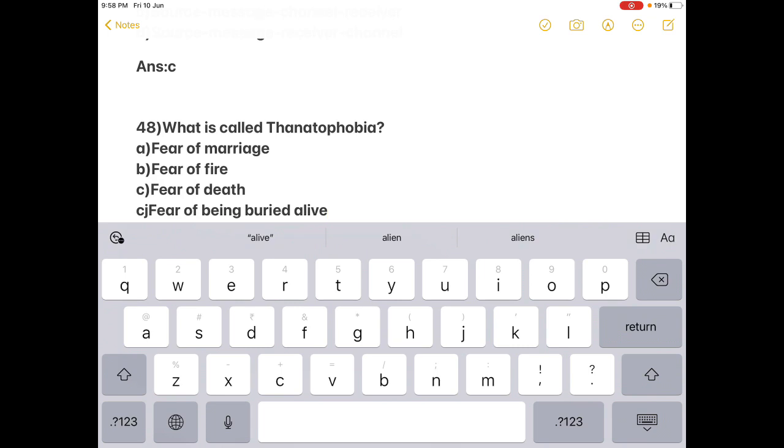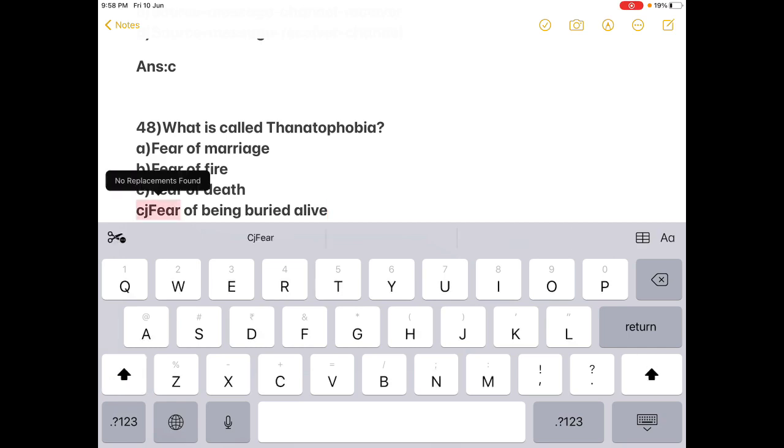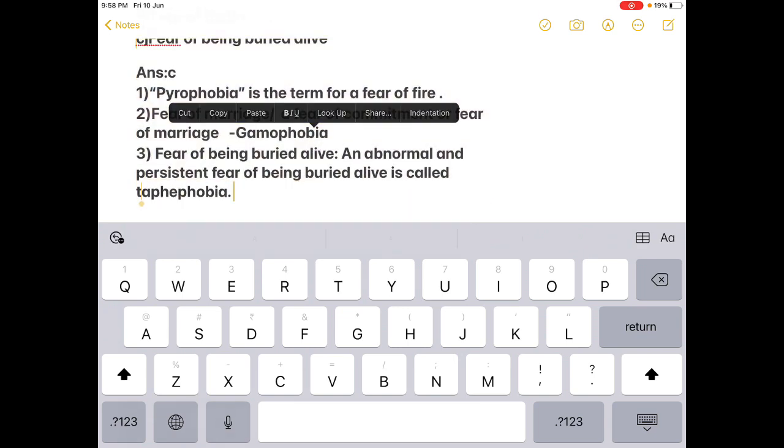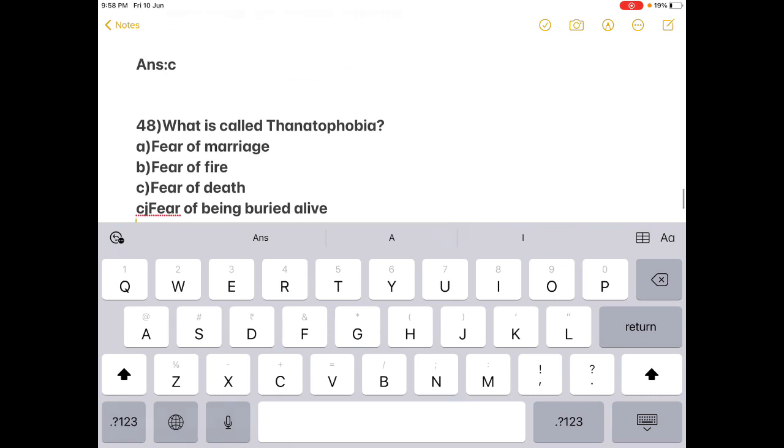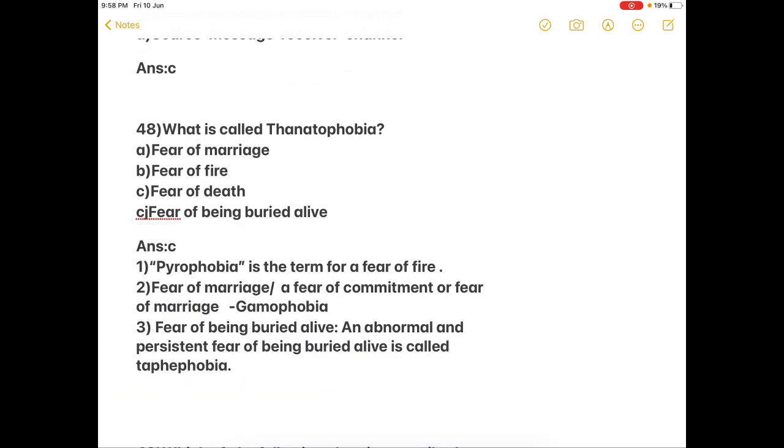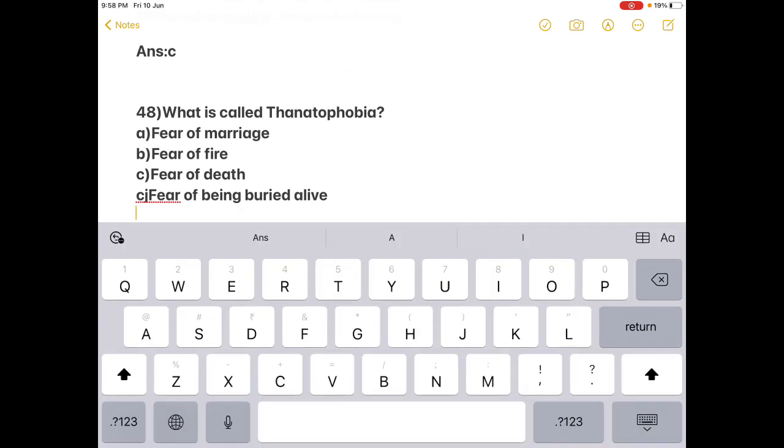This is an interesting question. What is called thanatophobia? Option A, fear of marriage. Option B, fear of fire. Option C, fear of death. Option D, fear of being buried alive.